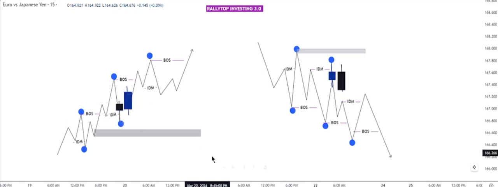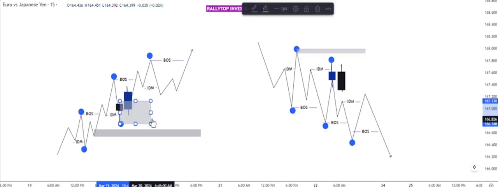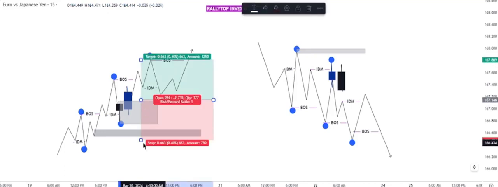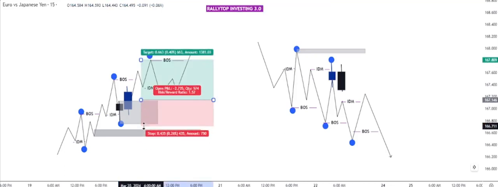As a retail trader who does not have this kind of knowledge, you will mark your OB here. This is your OB. So you are waiting for price to come and tap into that OB, to go long. And then you frame your trade, which is completely fine. Nothing wrong about that. You frame your trade here. Where is your stop loss? Your stop loss just below.